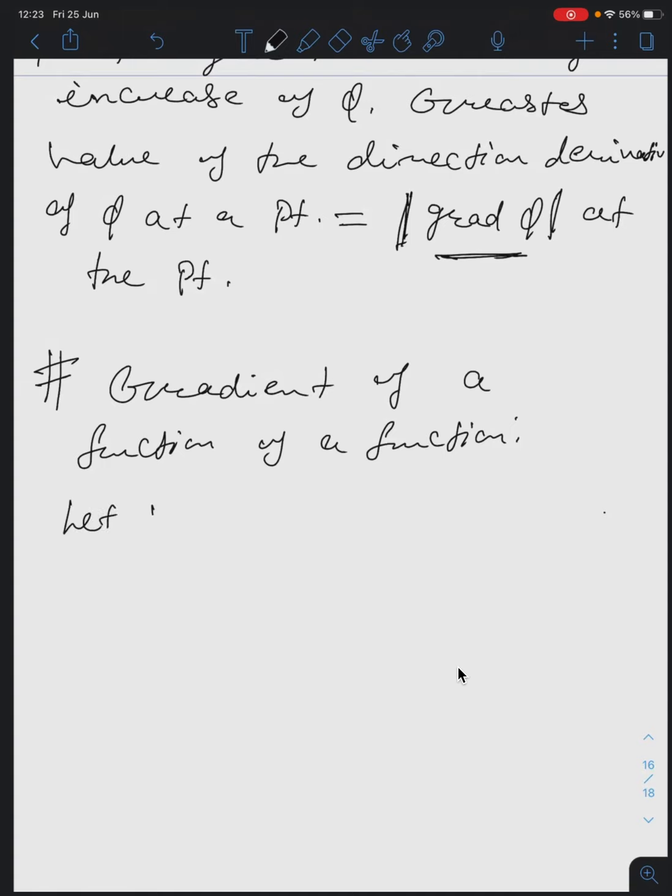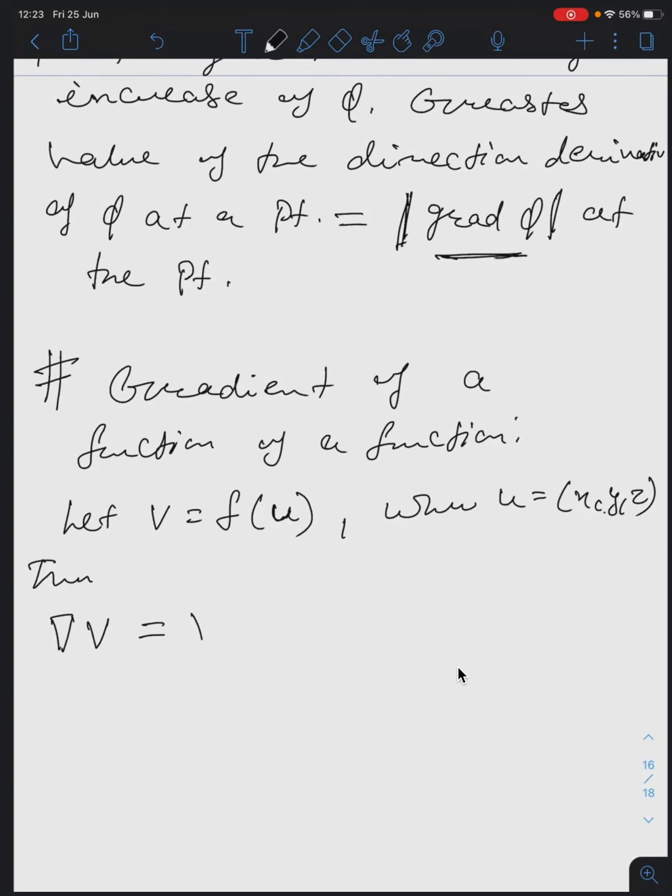So suppose we take v as a function of u, and u is a function of x, y, and z. Then if you want to calculate gradient of v, that means you want to calculate gradient of f of u.